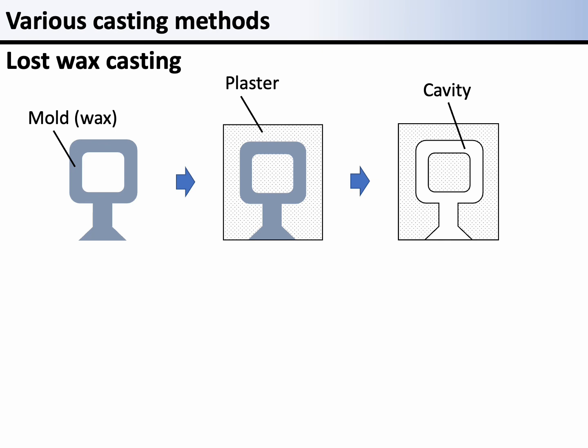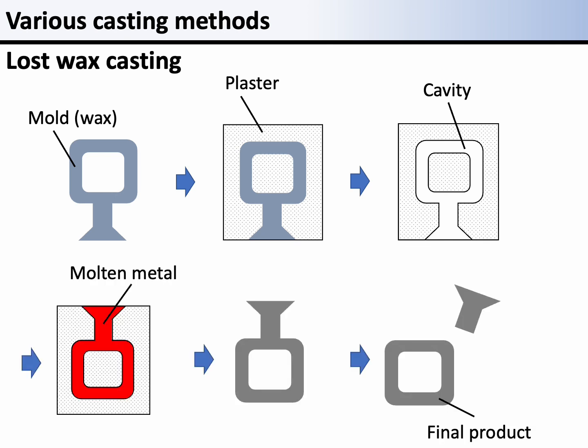In lost wax casting, a desired shape is made in a die. This die is used to make a wax model with a lower melting point. When the model is rigidly formed with plaster and heated, the wax melts and the cavity of the desired shape is created. The molten metal is poured in here to form the shape.